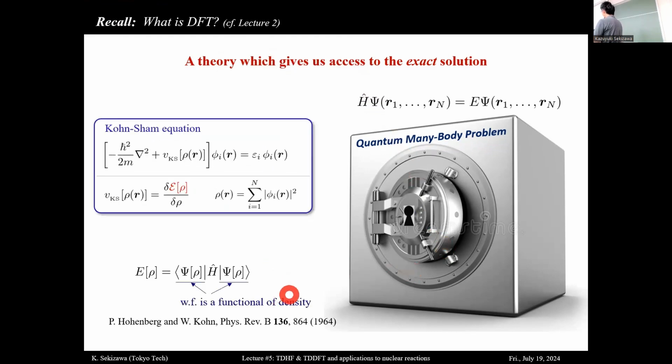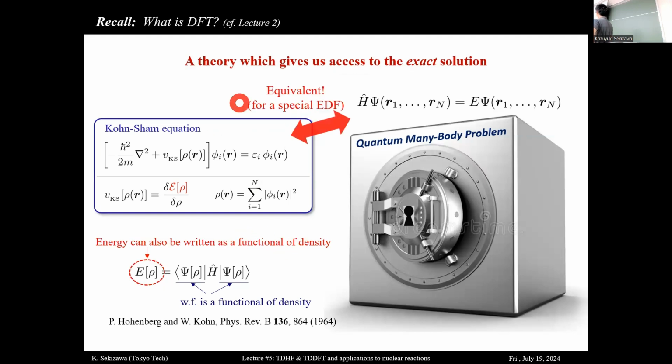This theorem shows that the many-body wave function psi can be written as a functional of the one-body density. So there is a one-to-one correspondence. Then any observable, like the total energy, can be described as a functional of the one-body density. And then we can take a variation with respect to this density, and in principle, we can get the true exact solution of the many-body Schrödinger equation.